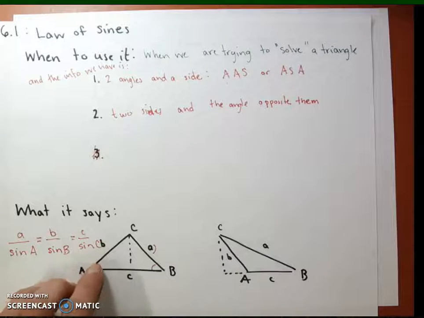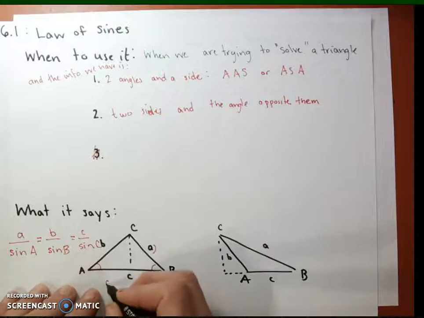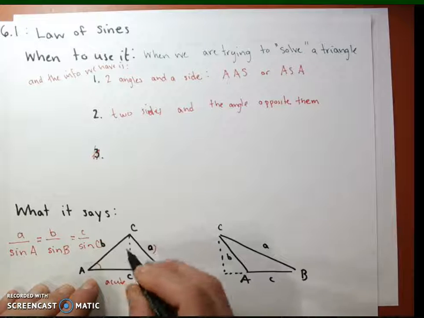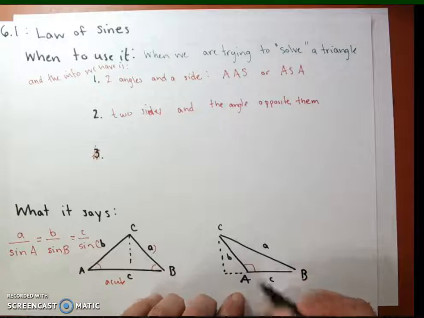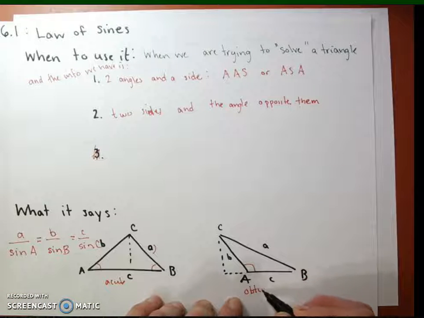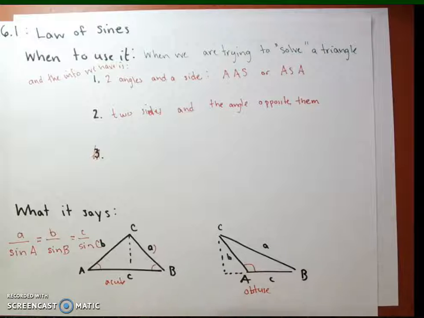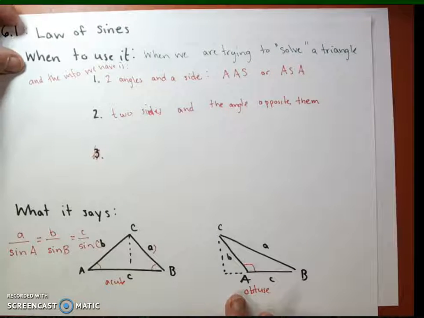It doesn't matter if the triangle is acute, meaning all the angles are less than 90, or obtuse, meaning one of the angles is bigger than 90.